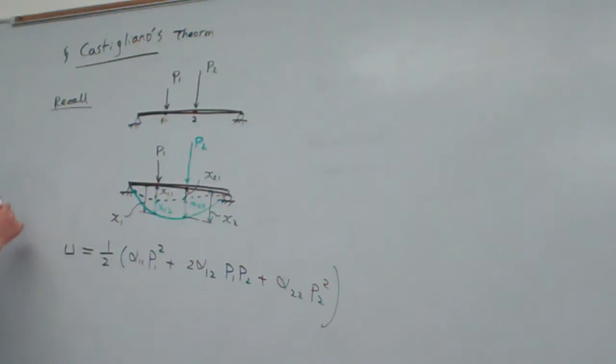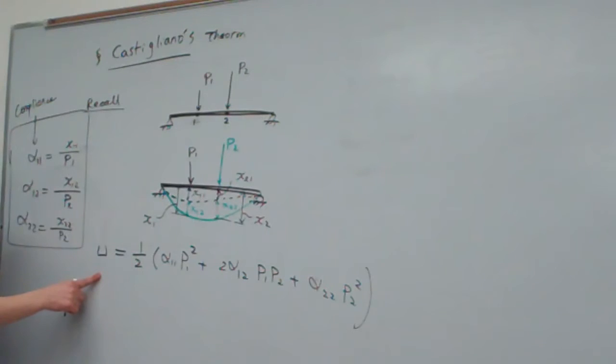And here alpha ij is simply defined by x ij divided by P. For example, alpha 11 equals x11 divided by P1, alpha 12 equals x12 divided by P2, and alpha 22 equals x22 divided by P2. Those are the definitions, and alpha is called the compliance. That is what we have done before.